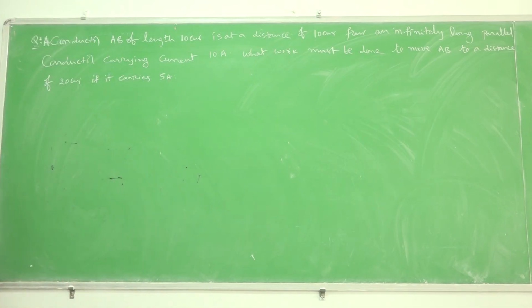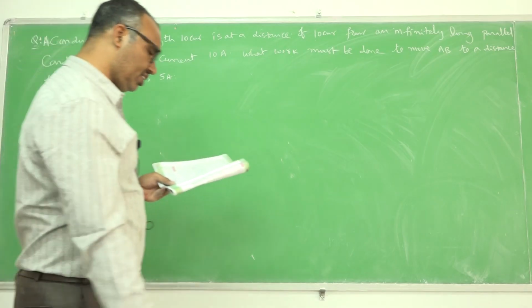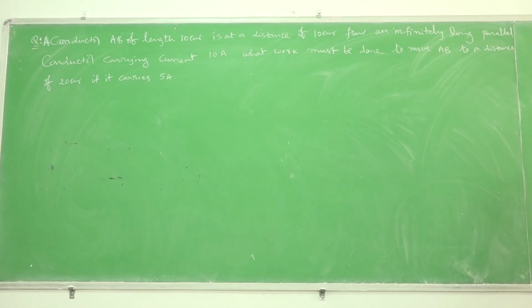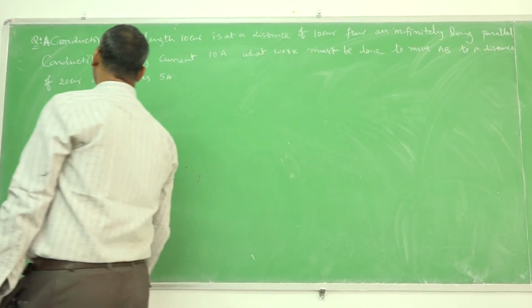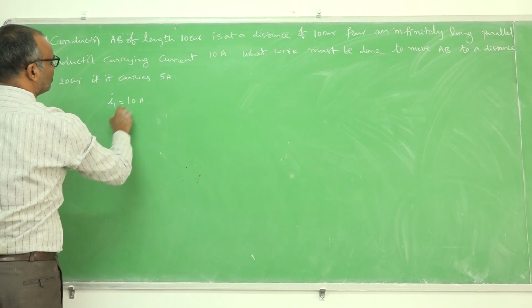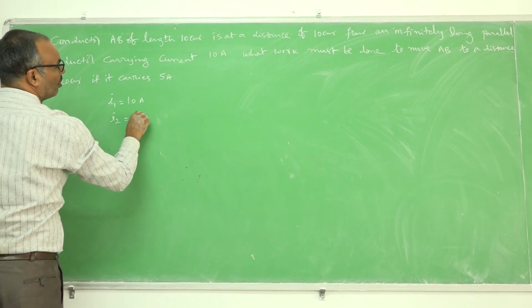A conductor AB of length 10 centimeters is at a distance of 10 centimeters from an infinitely long parallel conductor carrying current 10 amperes. What work must be done to move AB to a distance of 20 centimeters if it carries 5 amperes? Okay. You know the formula. Here the two conductors, one is carrying 10 amperes, the second one is carrying 5 amperes. It is clear.